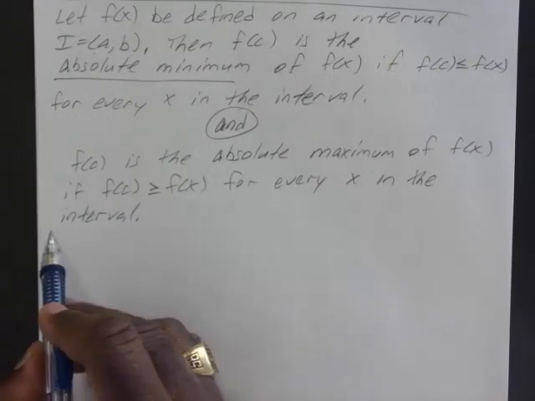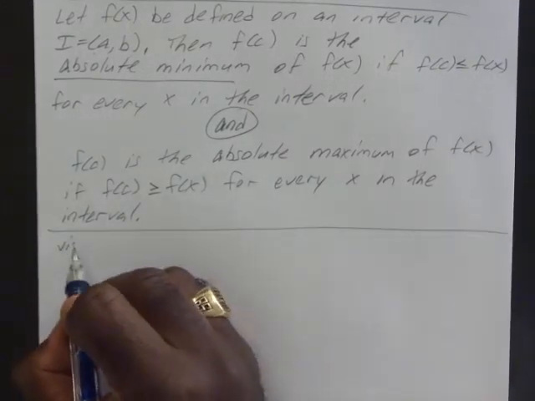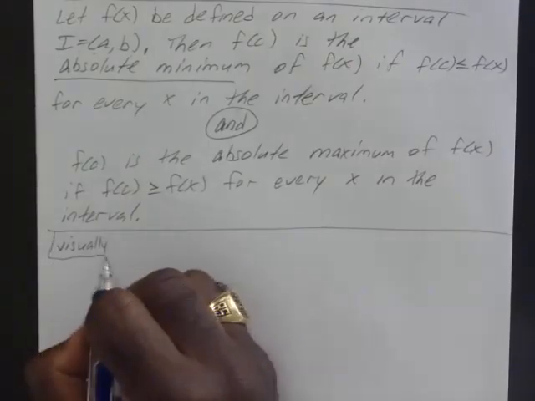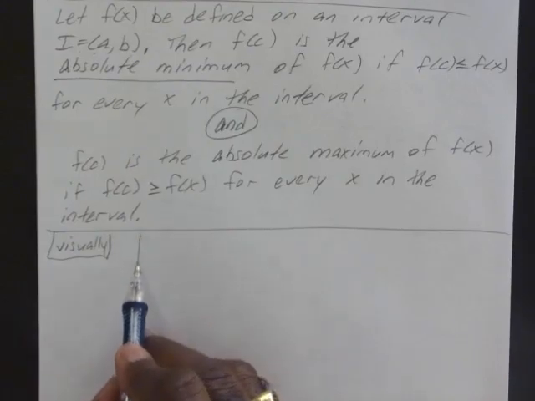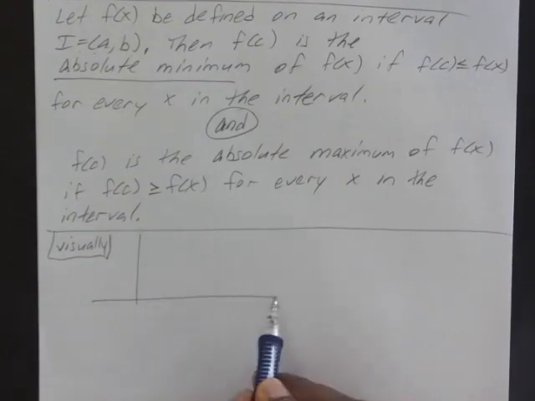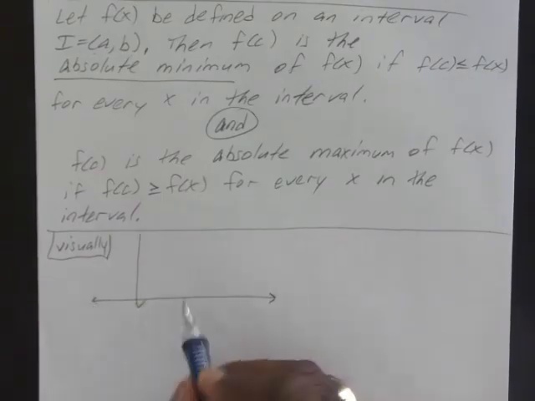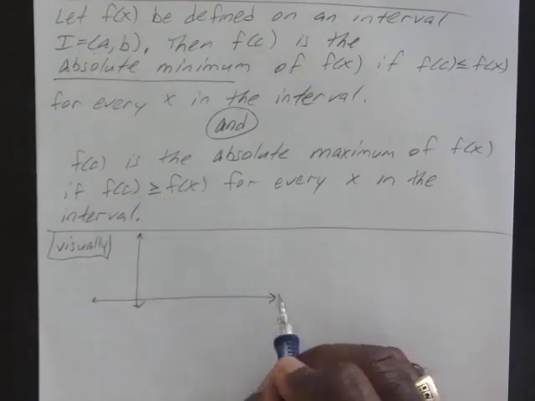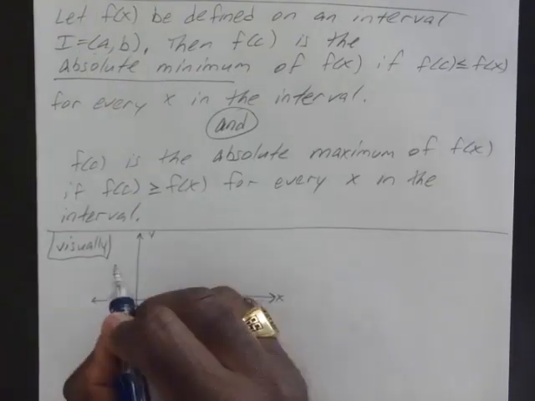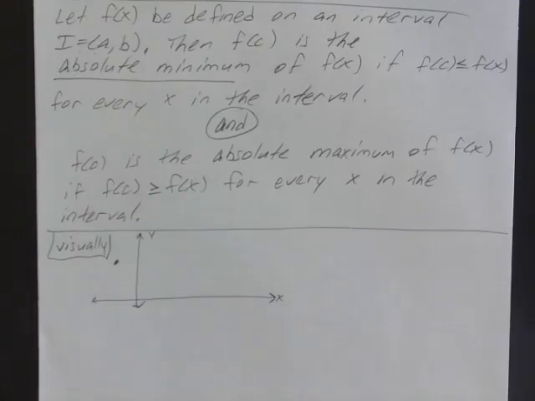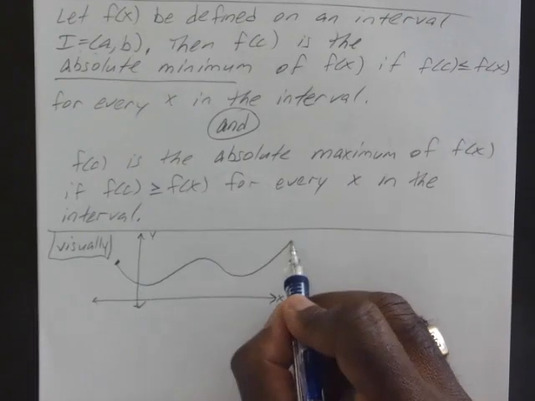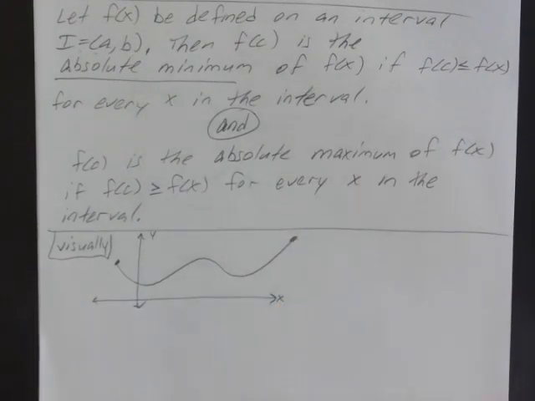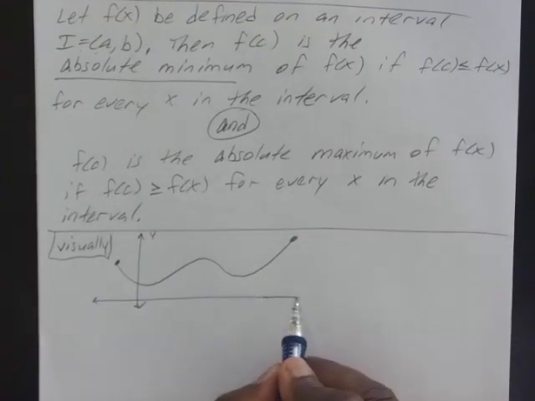Okay, so let's see what that means visually. Let's say we have our x and y axis, and some graph that looks like this.